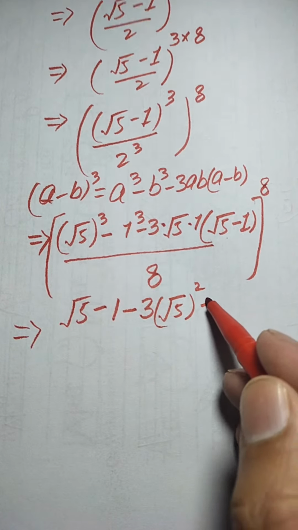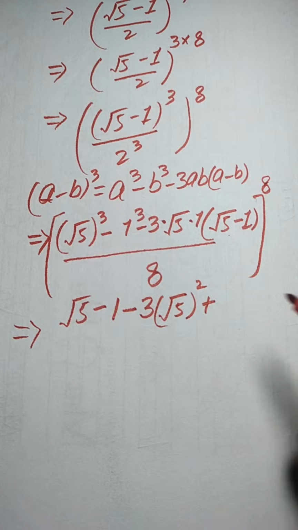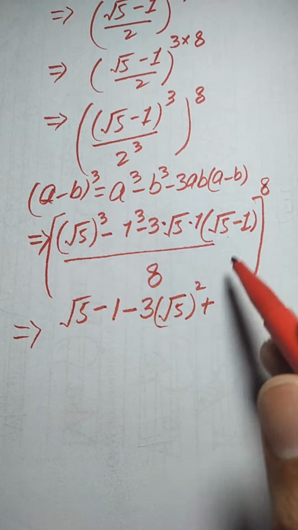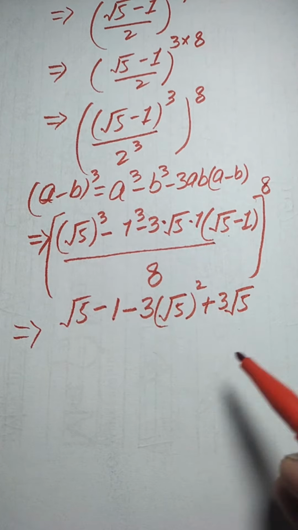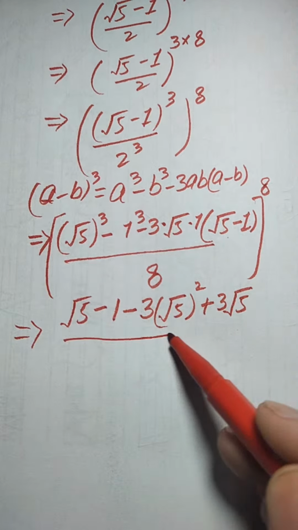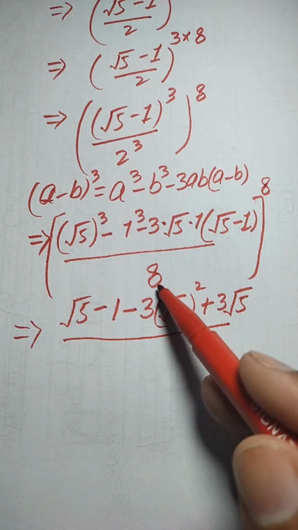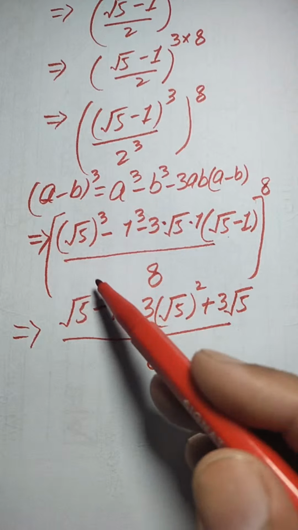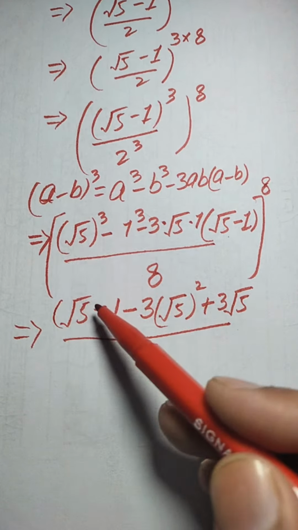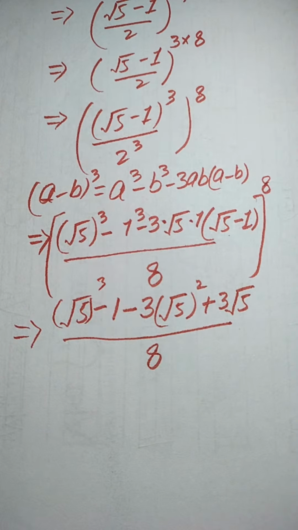Minus times minus becomes plus, so plus 3 times square root of 5, divided by 8. Sorry, this is square root of 5 whole cubed.